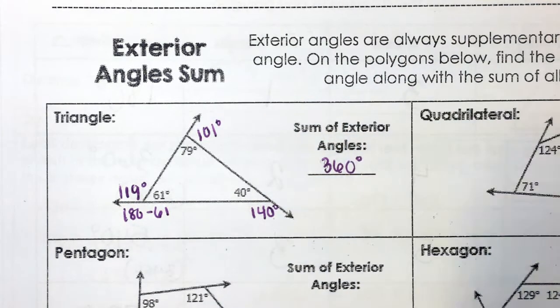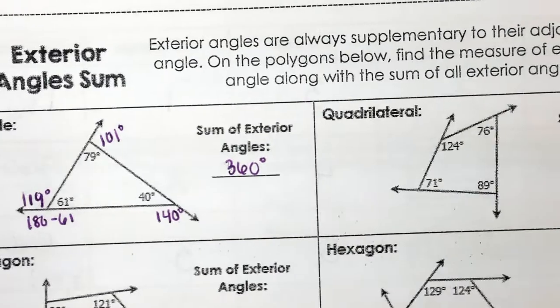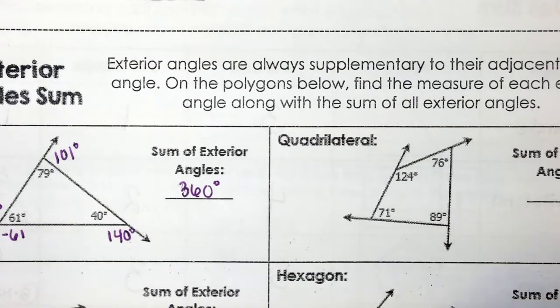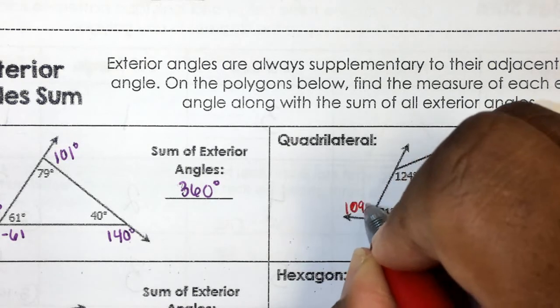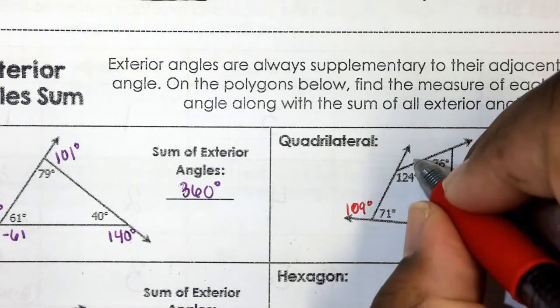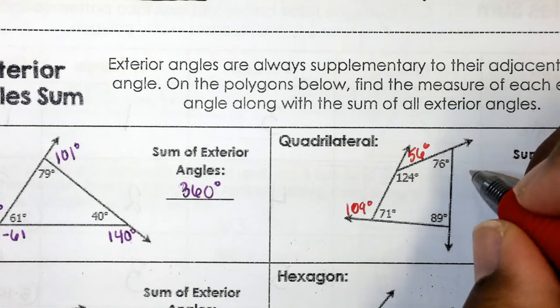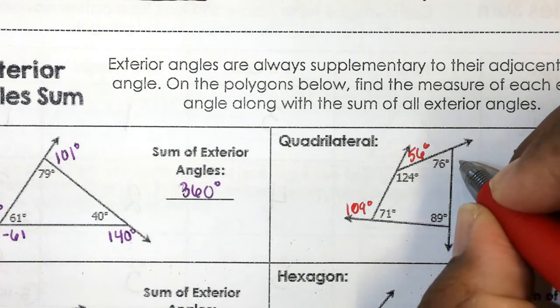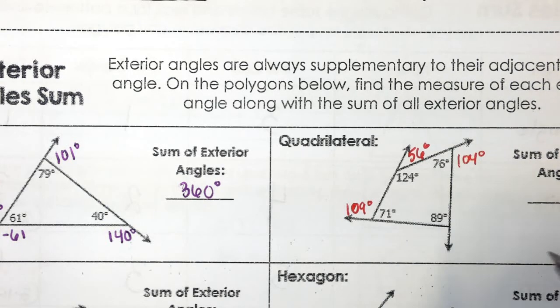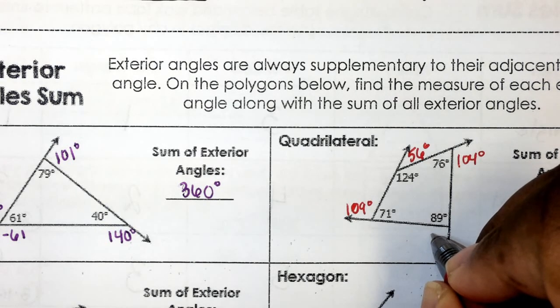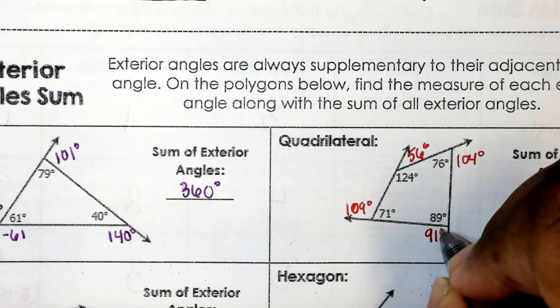Zach, you look like you're ready. Let's do a quad. Zach on the quad. I'm going to start with 71 right here. That's 109. 124. That is 56. 76. That is 104. And 89. That would be 91 degrees.